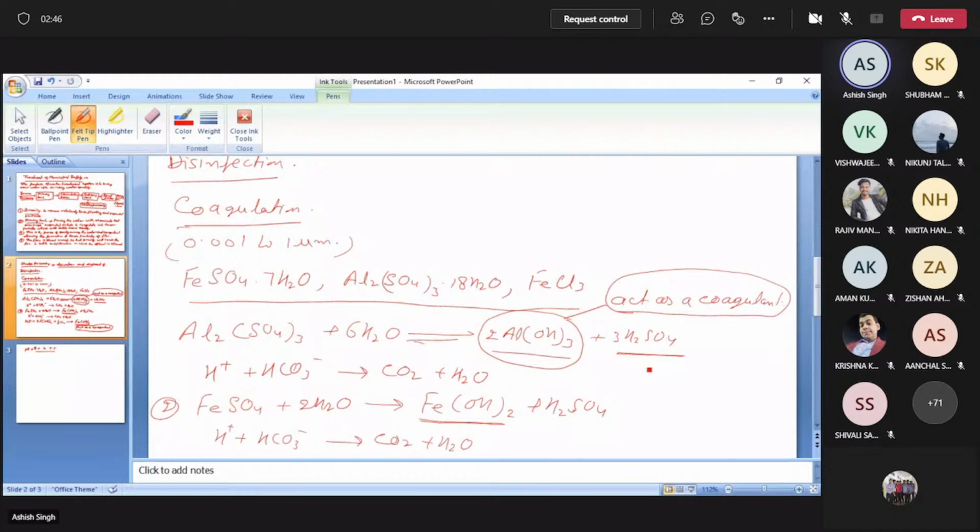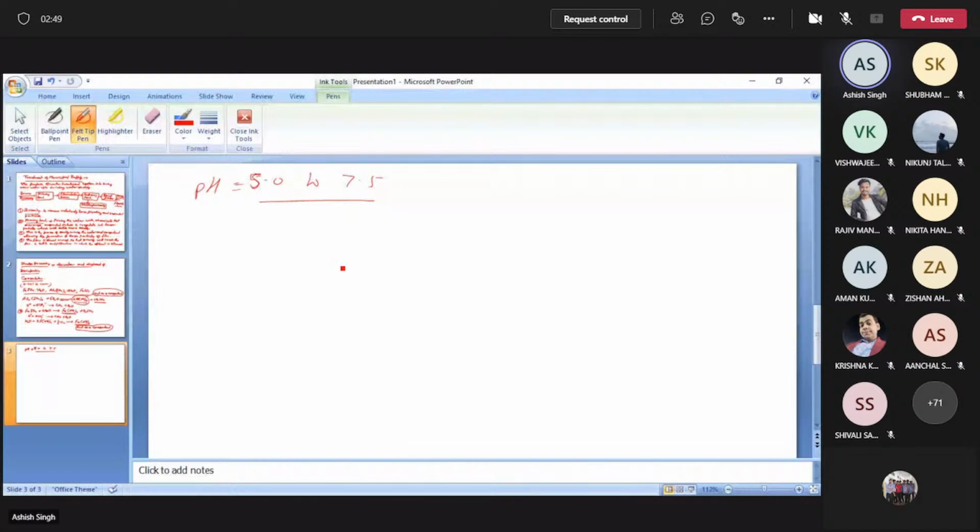If the pH is lower than 5, it means the pH would be reduced, so that is not suitable for drinking purposes. So that's why the lowest pH to be maintained is 5. If the pH is lower than this, we do not use alum or aluminum sulfate in this water.